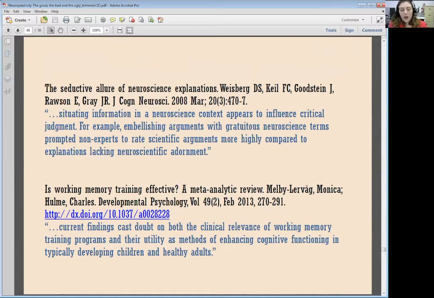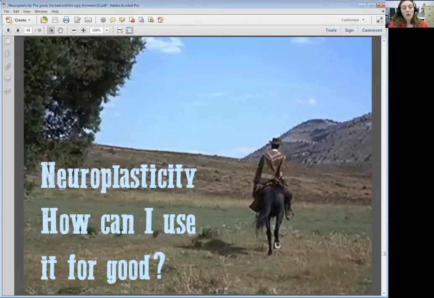So sometimes terms to do with neuroplasticity are used for marketing, for selling ideas, for selling products. And it might be that there's not anything particularly substantial in that. It's just that those neuroscience terms are used to make things seem more important and more real than what they really are. How can you put neuroplasticity to good use?